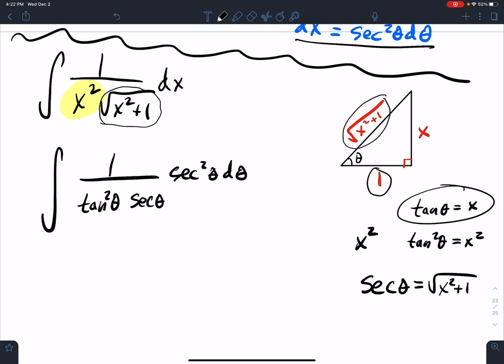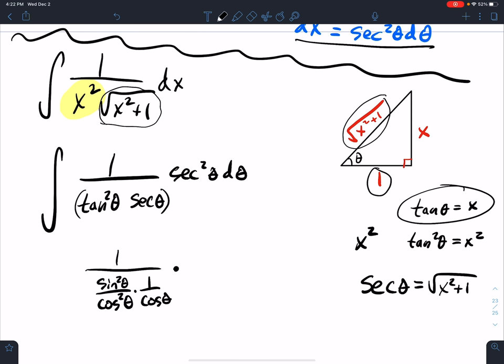And so it might be easier if we simplify this first. So make this sine squared theta over cosine squared theta times 1 over cosine theta.